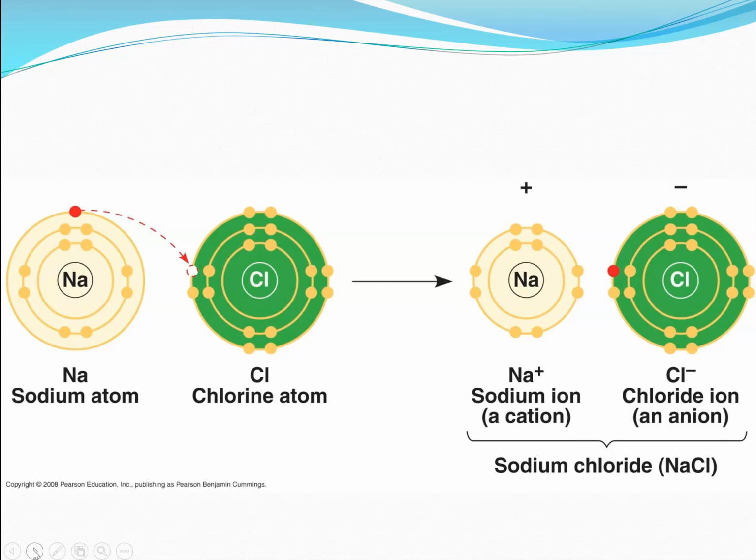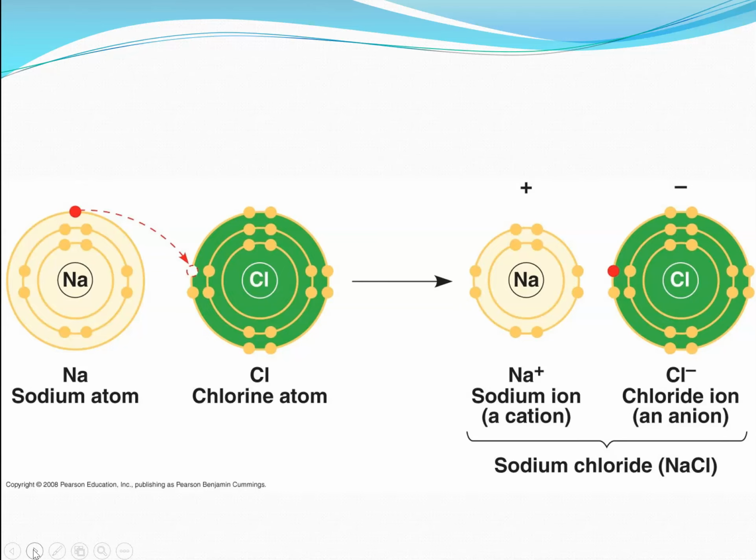Now here's a picture of how sodium is transferring its electron over to chlorine. Again, just like the reaction that I showed you earlier, the arrow goes from that 1 valence electron from sodium over to chlorine. Notice that once it loses it, on the product side, sodium now has a positive sign above it, because it lost that 1 electron, and now it has a complete octet.